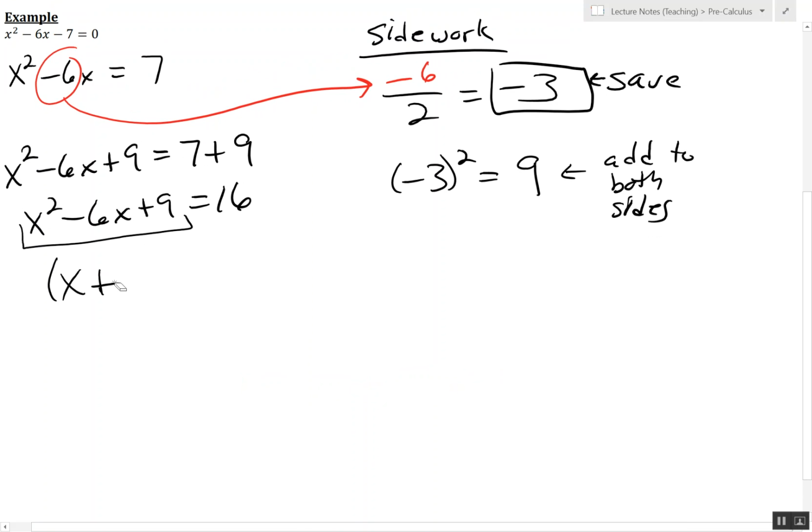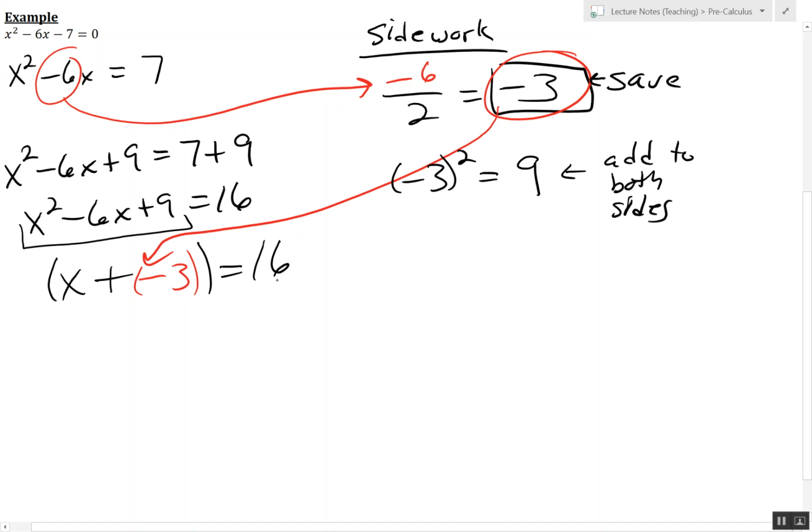So you take this number that you saved and you put it in right there. In that case, this will be a negative 3, and I'll just simplify the plus negative to make this x minus 3, and I forgot the squared there, squared equals 16.